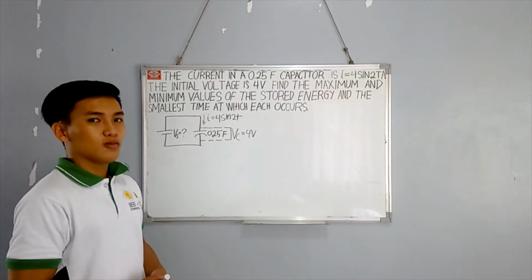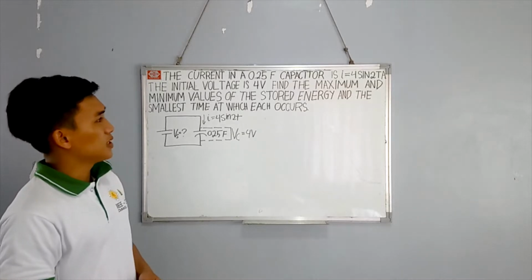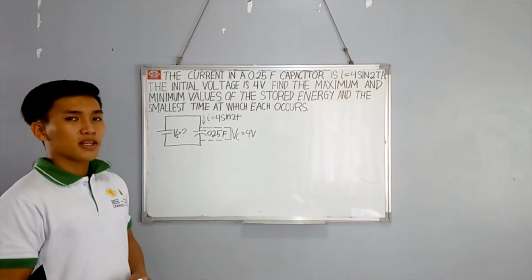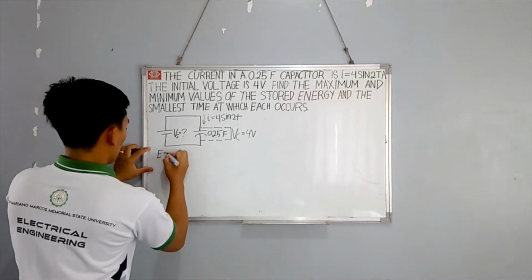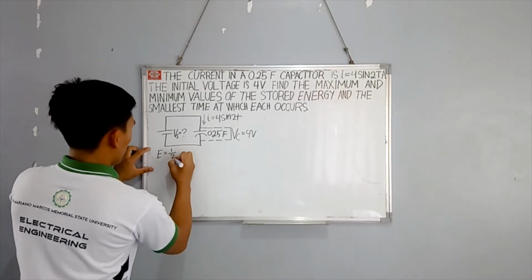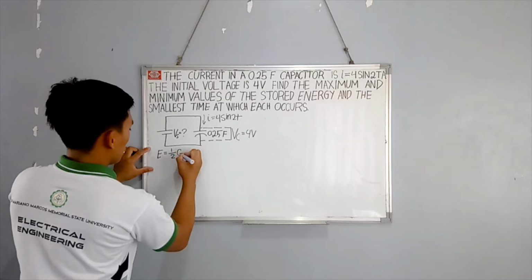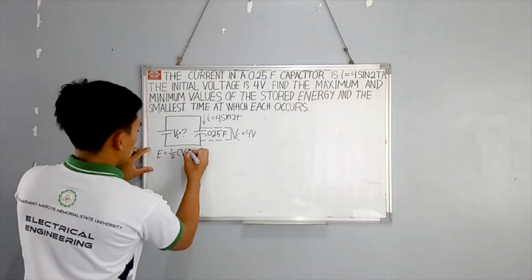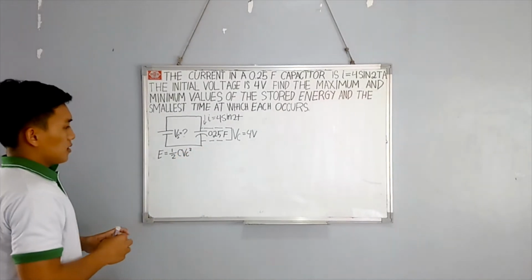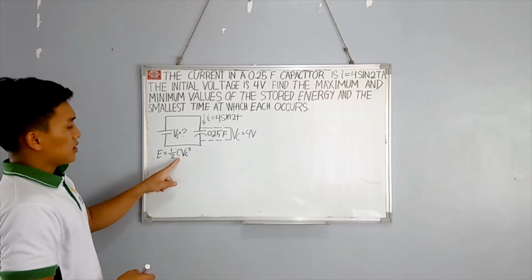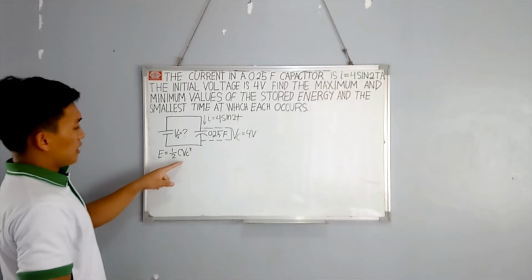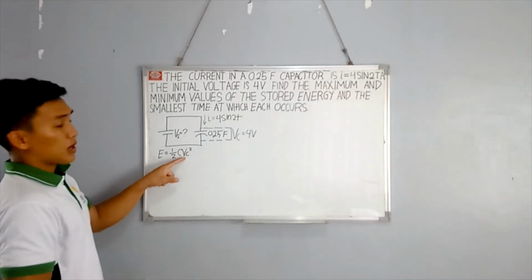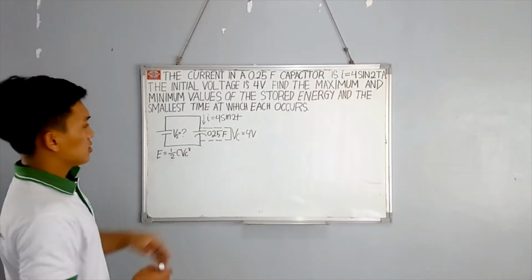The first thing that we will do is get the minimum value of the stored energy. The formula that we will use is E = 1/2 C Vc squared. C is the capacitance, which is 0.25 farad, and Vc is the voltage of the capacitor, which is 4 volts.